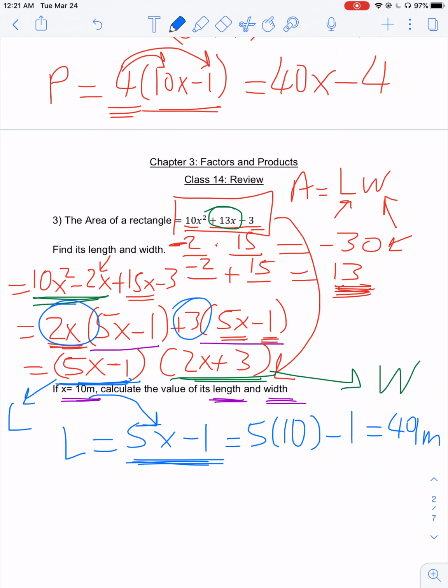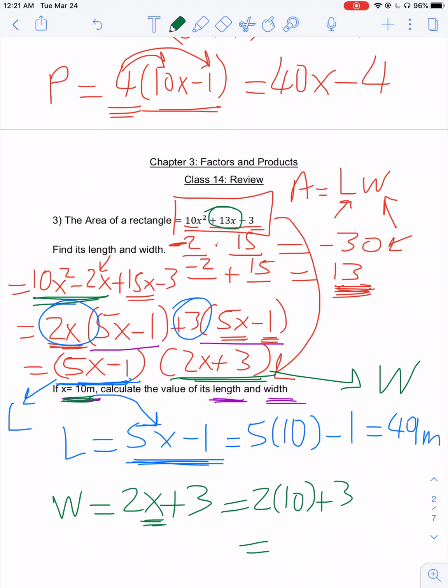Now we can do the same thing with the width. So W is 2x plus 3, but I know that the value of x is actually 10, so I can just replace that by 10. It's just going to be 2 times 10 plus 3, which is equal to 23 meters.